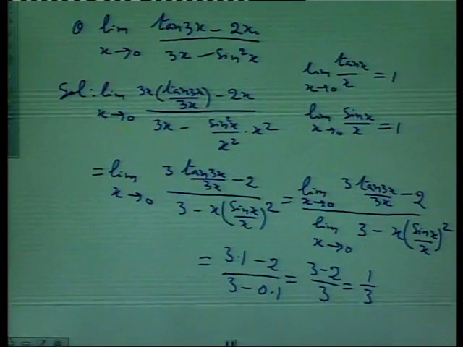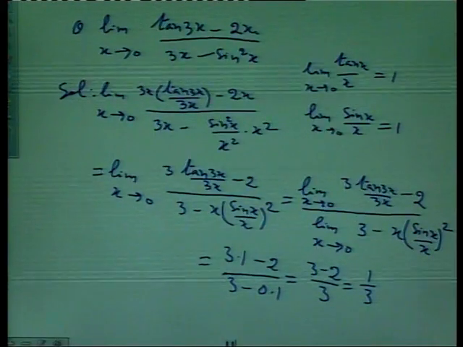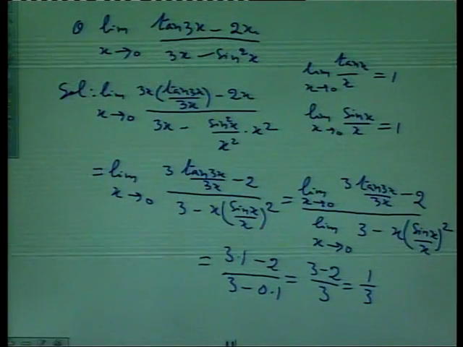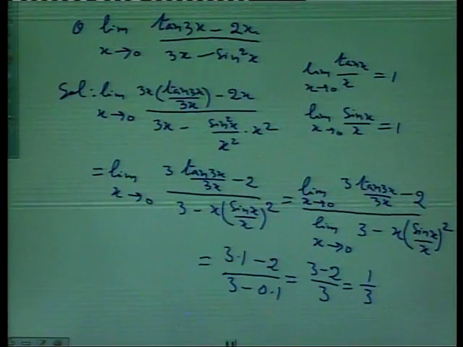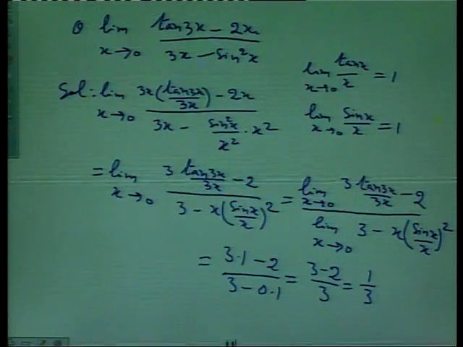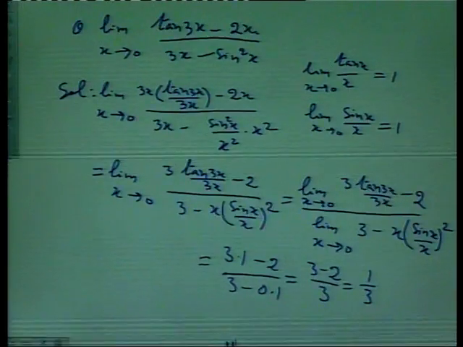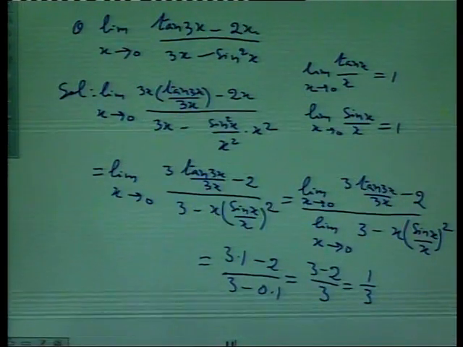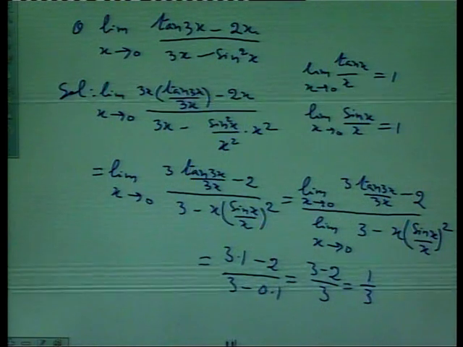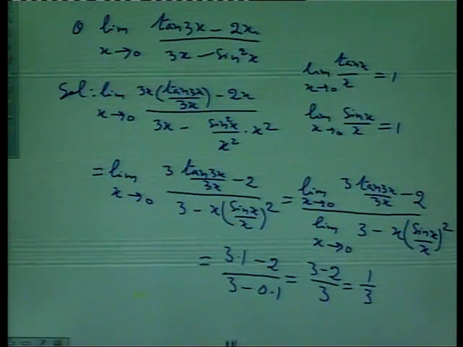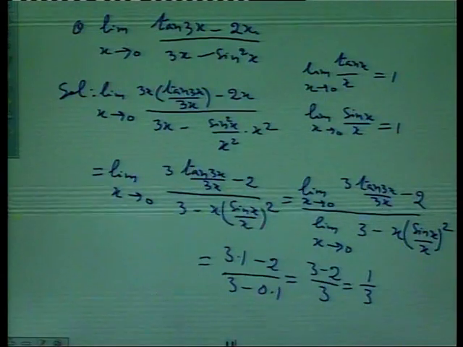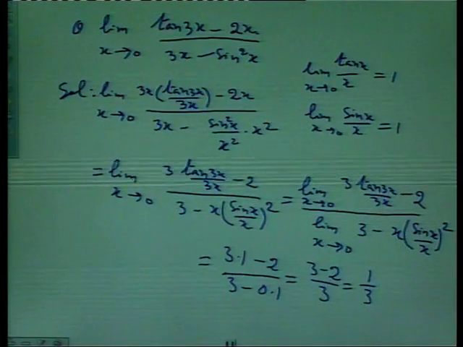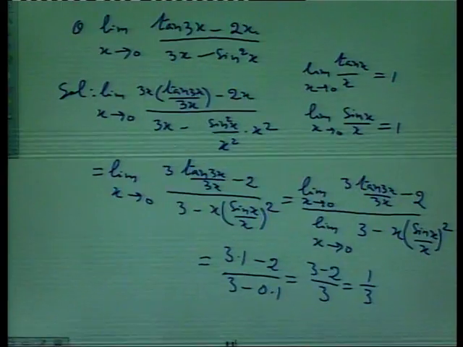When x tends to 0, 3x will also tend to 0. So according to standard limits, tan 3x upon 3x, the value of this limit is 1. 3 into 1 minus 2 becomes 1, and the denominator is 3. So the limit of this question when x tends to 0 is 1 upon 3.